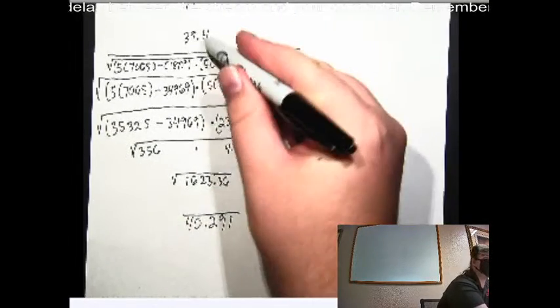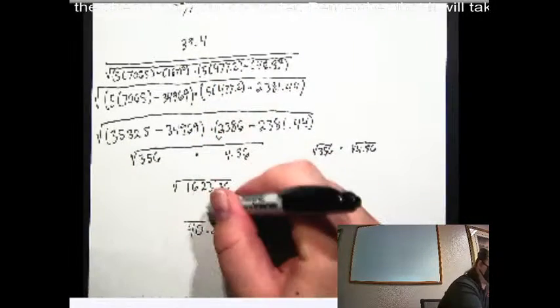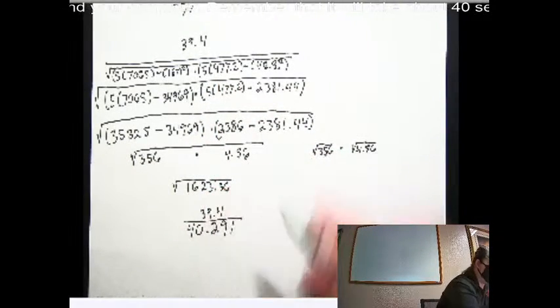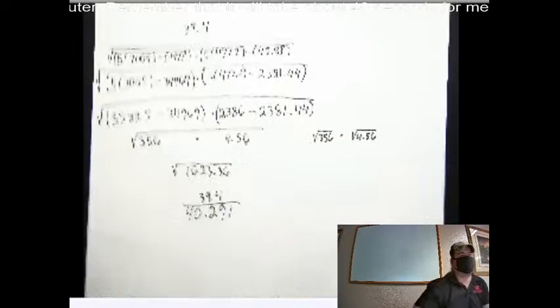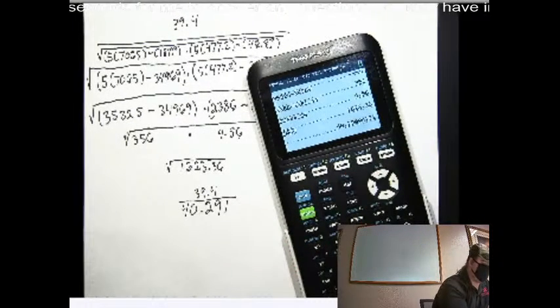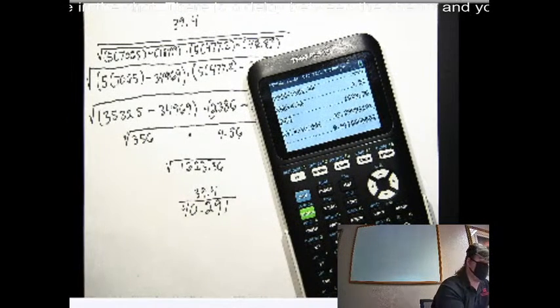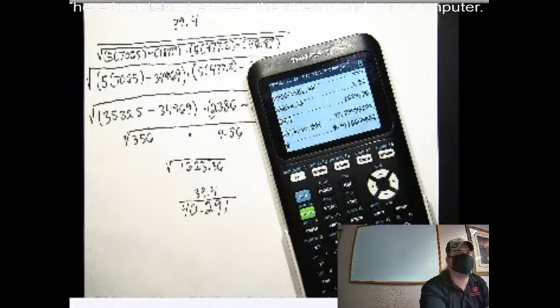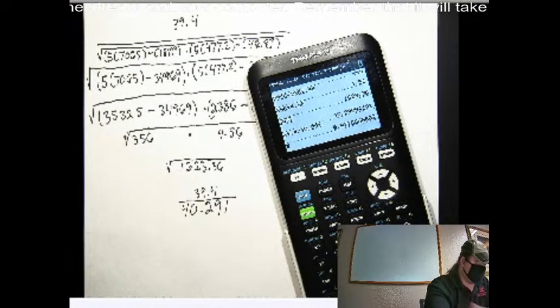And remember our top was 39.4. Again, how close are these values to each other? They're pretty close. So when we divide them, 39.4 divided by 40.291, we get 0.97788858802, so on and so forth.